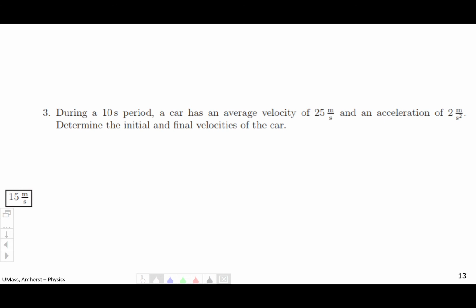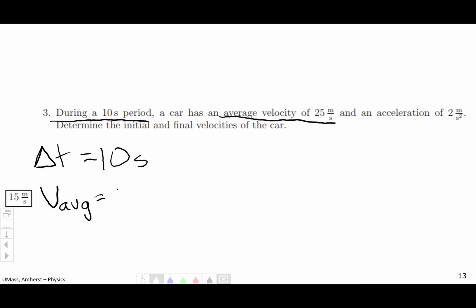So 10 seconds is our time, an average velocity of 25 meters per second. So V average is 25 meters per second, and an acceleration of 2 meters per second squared.